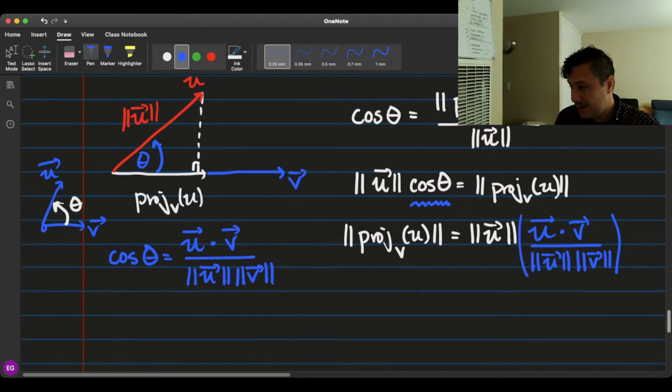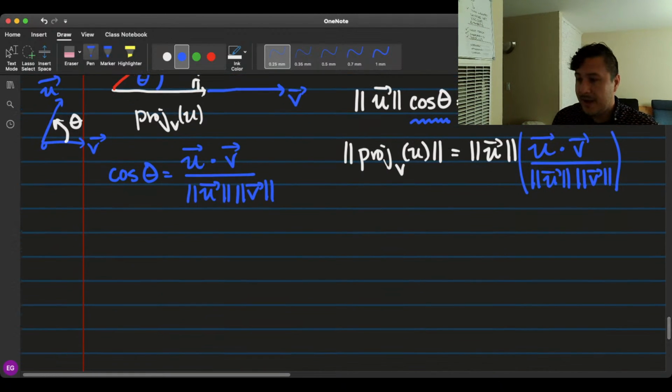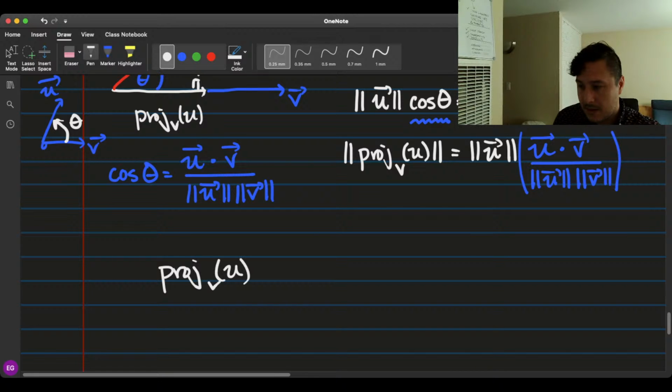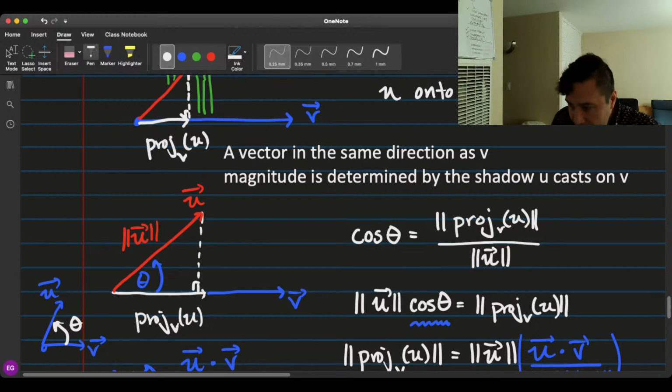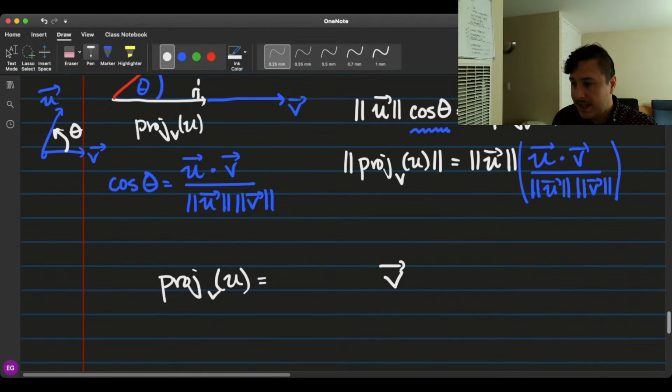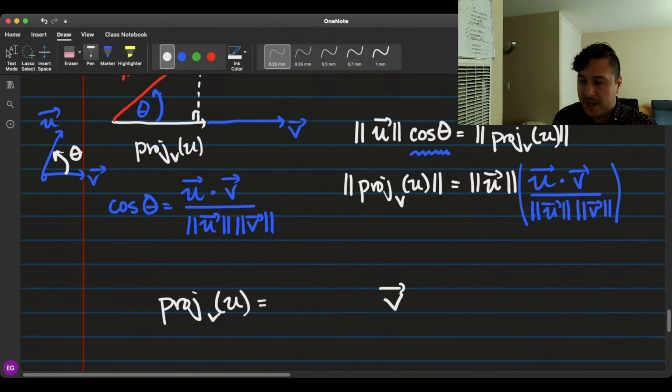And I can now actually write what the projection of u onto v is. So I know that the projection of u onto v is a scaling of v, right? Because if you look at this, remember, v and the projection of u onto v have the same direction. So because they have the same direction, the projection of u onto v is just some number times v. How do I know this? Let's actually type it.